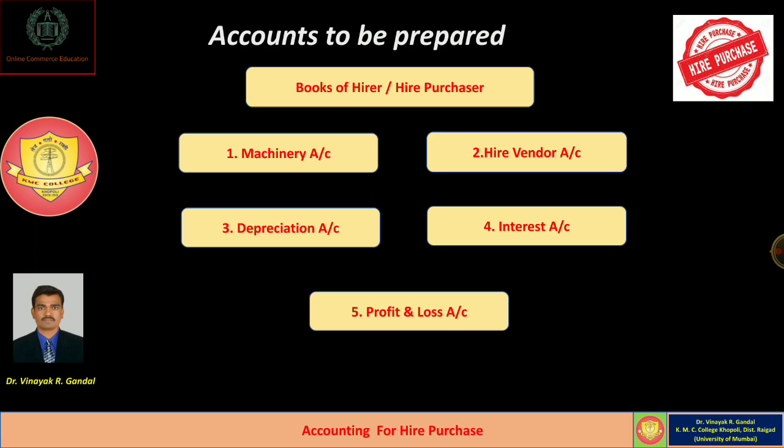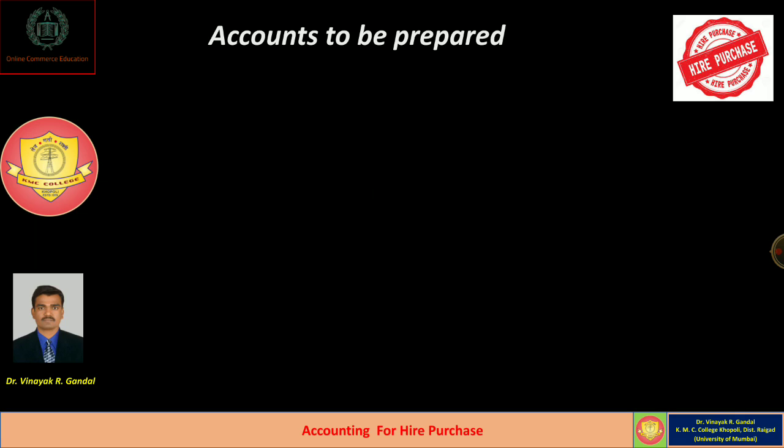Then the hirer also prepares depreciation account, interest account and profit and loss account, which should be closed at the end of each year, and the balance is to be transferred to the next year. So these are the various accounts, if any, to be prepared by the hire purchaser to record detailed transactions about hire purchase system. Okay.